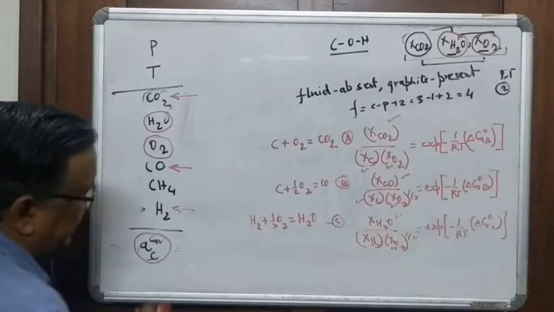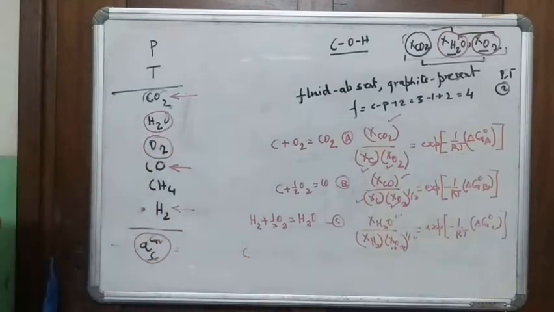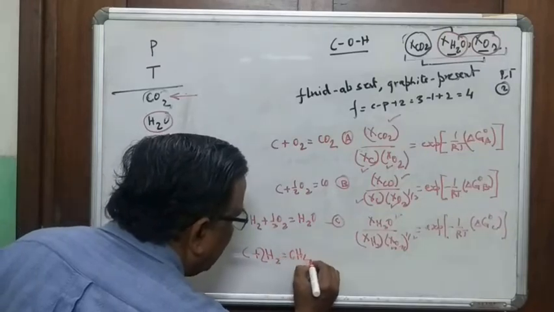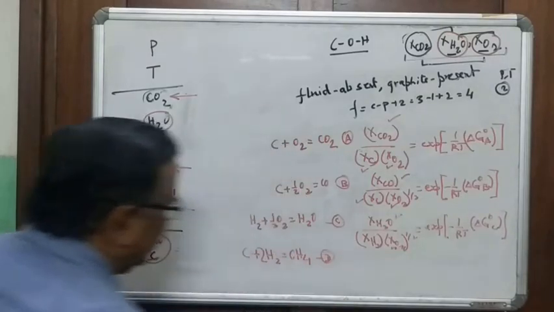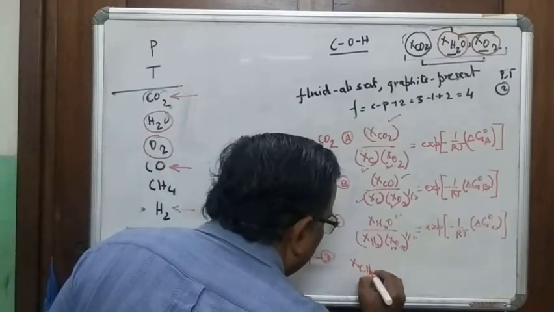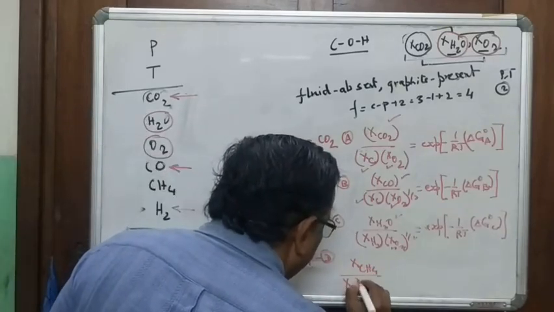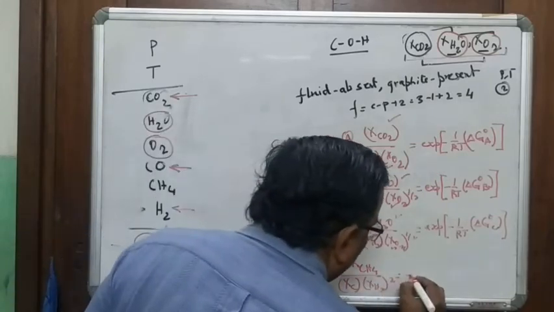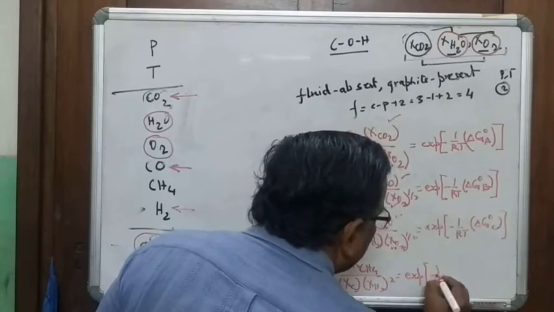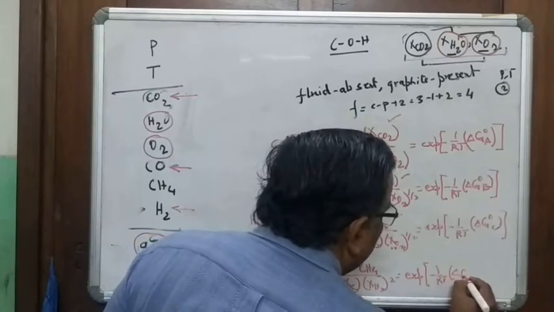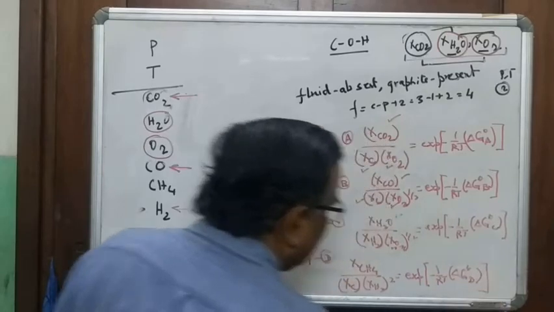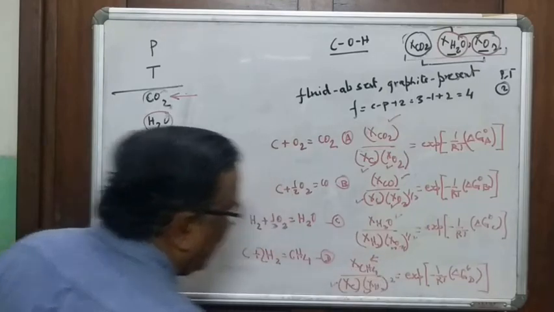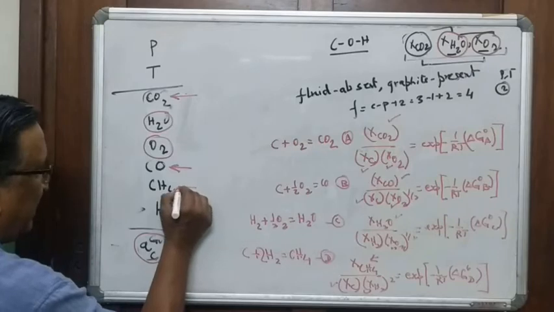And then you have C plus 2H2 is equal to CH4, and this is D, and then you can write XCH4 divided by XC into XH2 whole squared is equal to exponential minus 1 by RT into delta G0D. Right? And so, you know XC, you know XH2, so XCH4 can be determined.